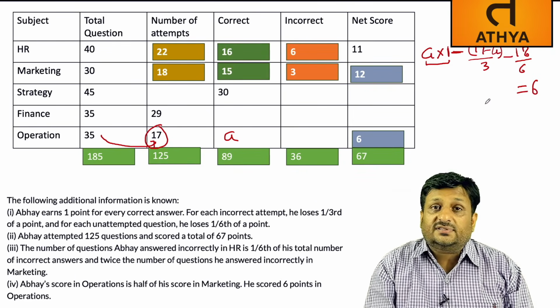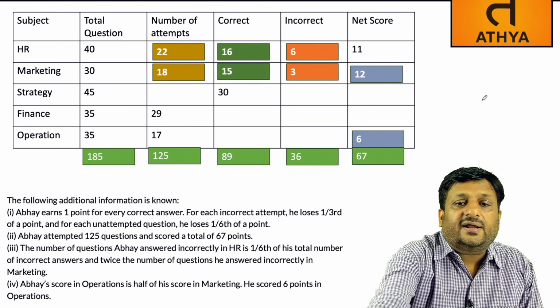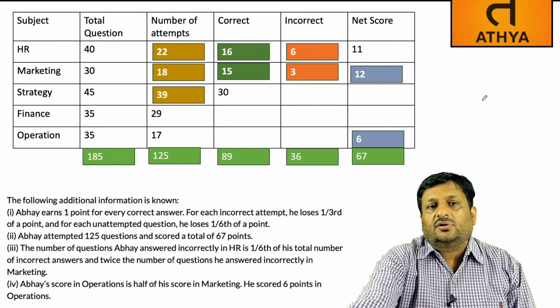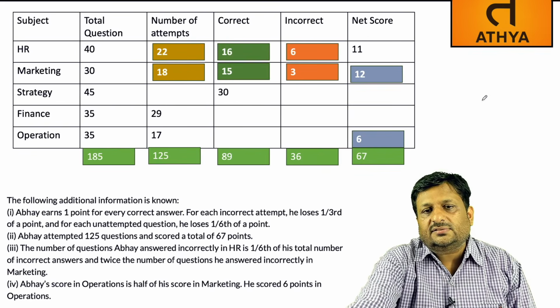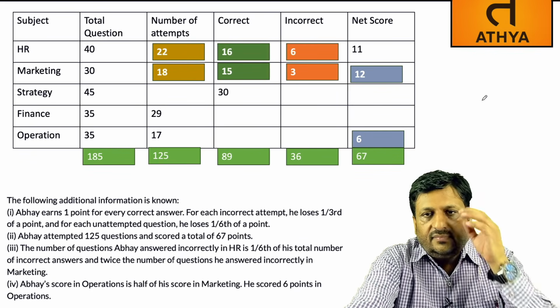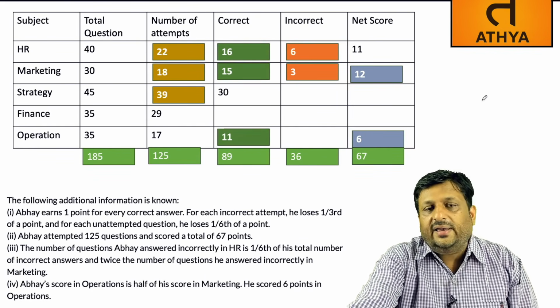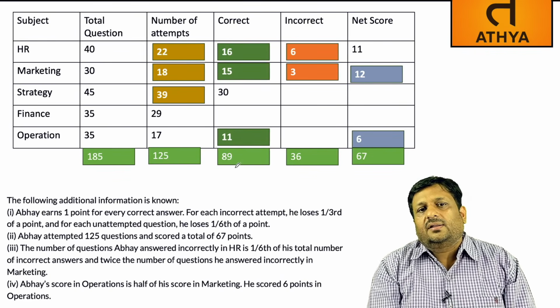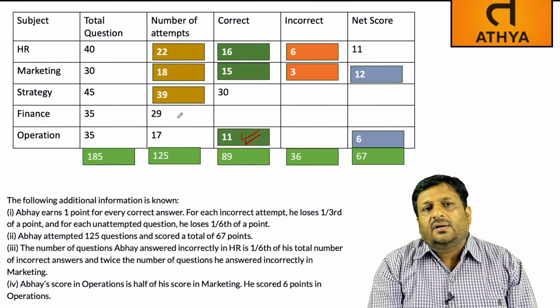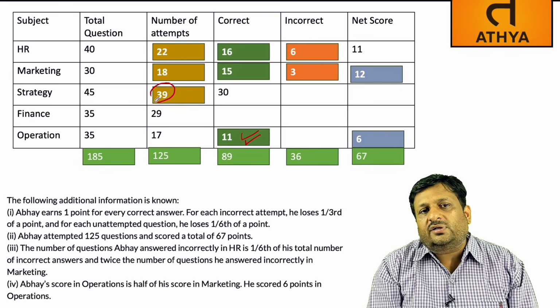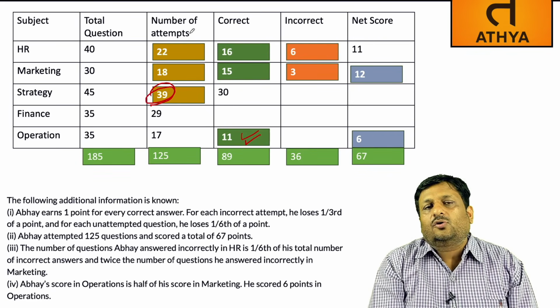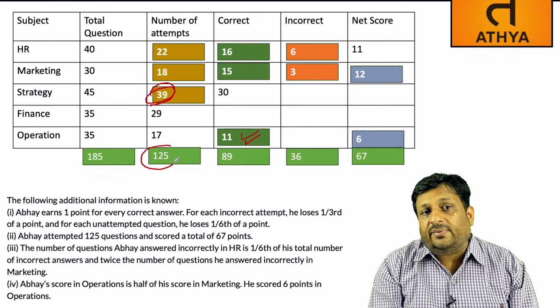So I can solve this equation as well, and I will get A as 11. How we got this 39? Total attempts are 125.